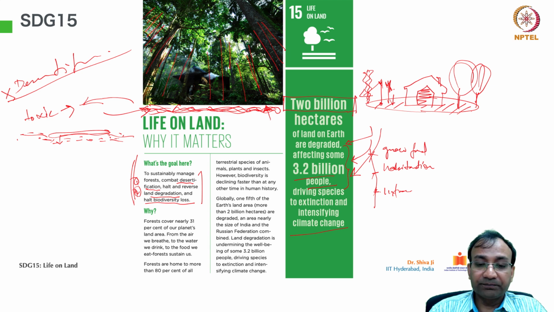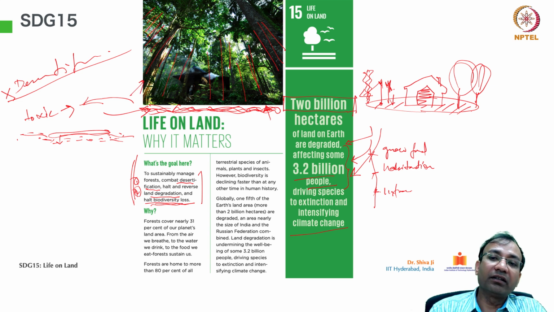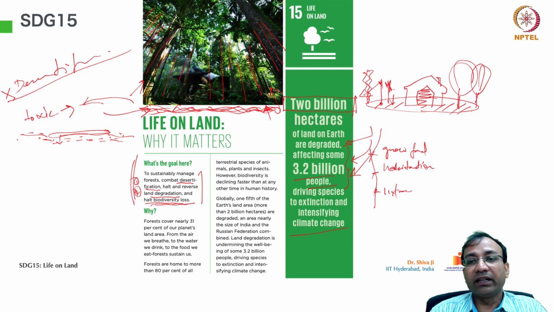So that's degradation. Halt biodiversity loss. If you see this picture, I'm sure there is no doubt that a place with plenty of trees, vegetation, and water harbors more flora and fauna, all sorts of species of animals, microbes, reptiles and birds, because it's an interdependent system.